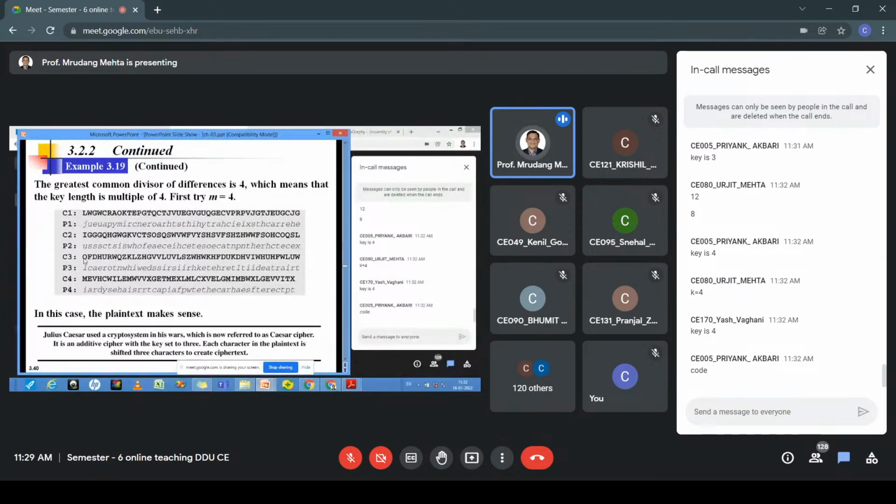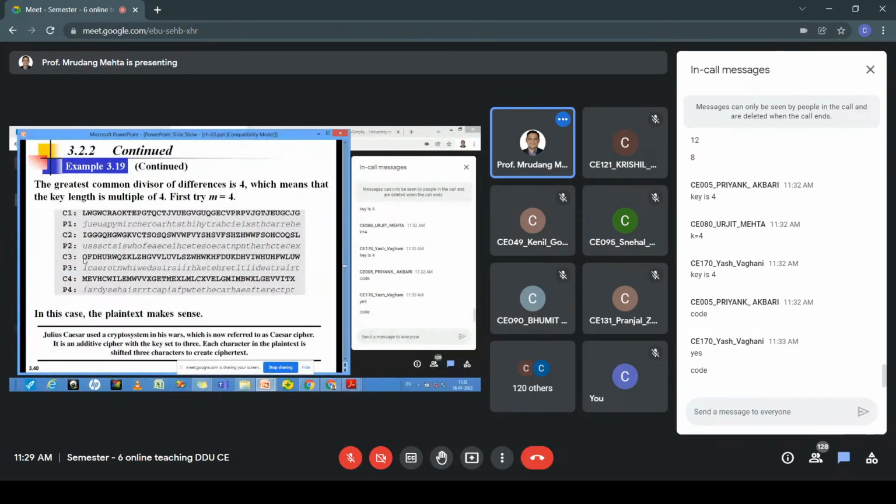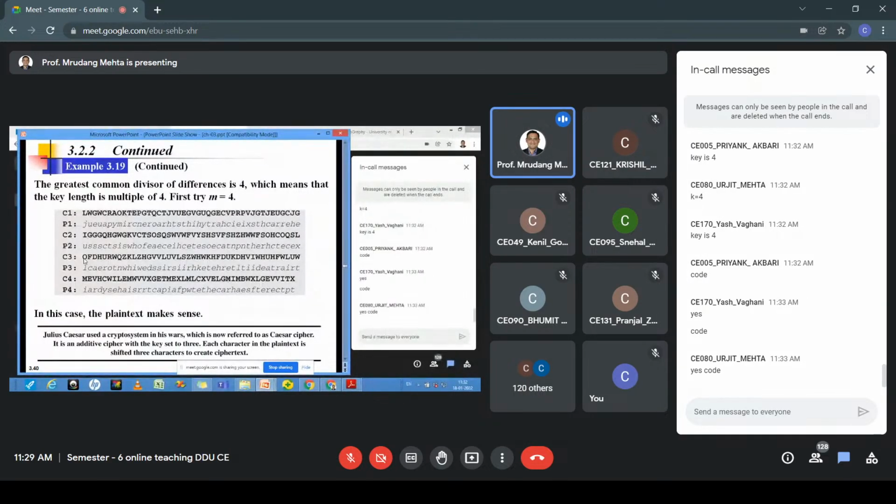Others, have you found this key? Okay, 2 students have replied. Others? Urjit, yes, very good.